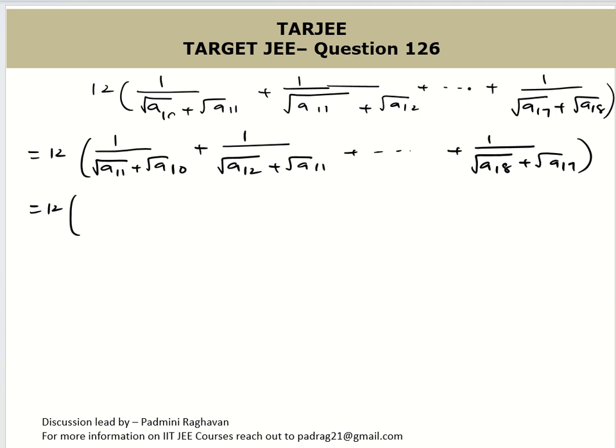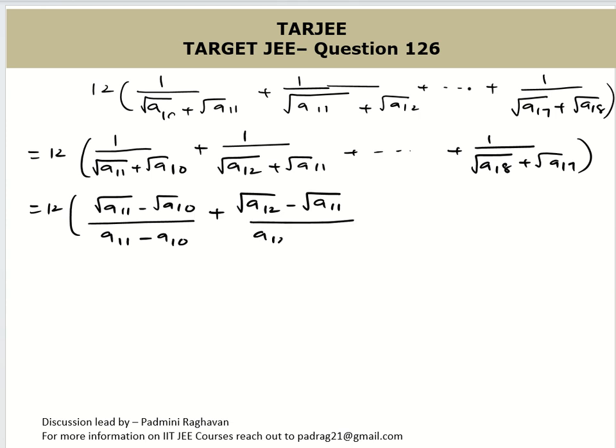So we get numerator root A11 minus root A10 divided by A11 minus A10, because if you multiply root A11 plus root A10 with root A11 minus root A10, it will look like A plus B into A minus B, A square minus B square. Similarly, multiply and divide the second term with root A12 minus root A11.